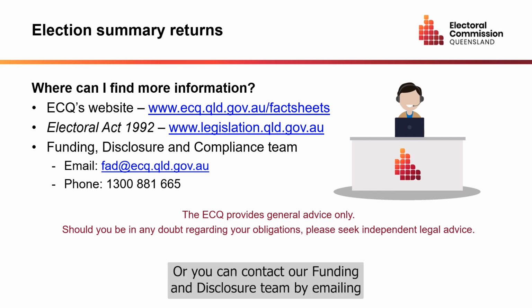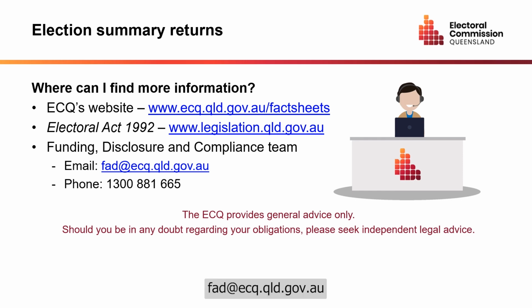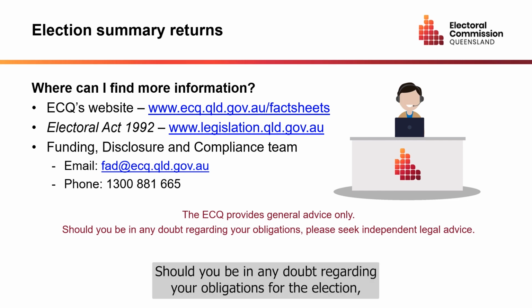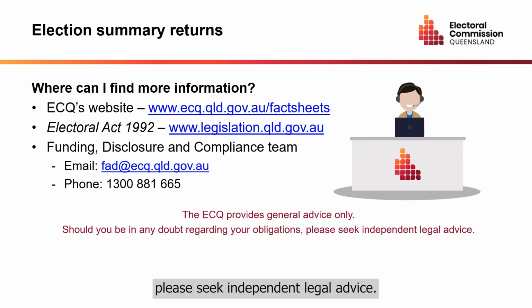Or you can contact our funding and disclosure team by emailing fad@ecq.qld.gov.au or call us on 1300 881 665. The ECQ provides general advice only. Should you be in any doubt regarding your obligations for the election, please seek independent legal advice.